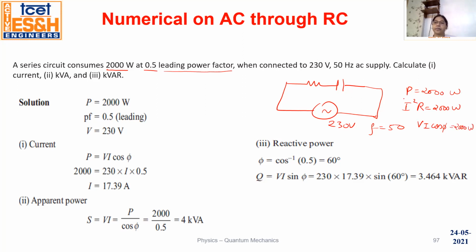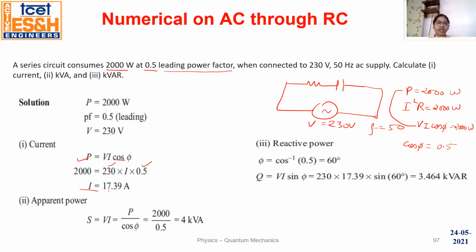All are the same. The power factor cos phi is given as 0.5. Now you see that VI cos phi is given, the voltage is also given as 230 volts, and cos phi is given as 0.5.